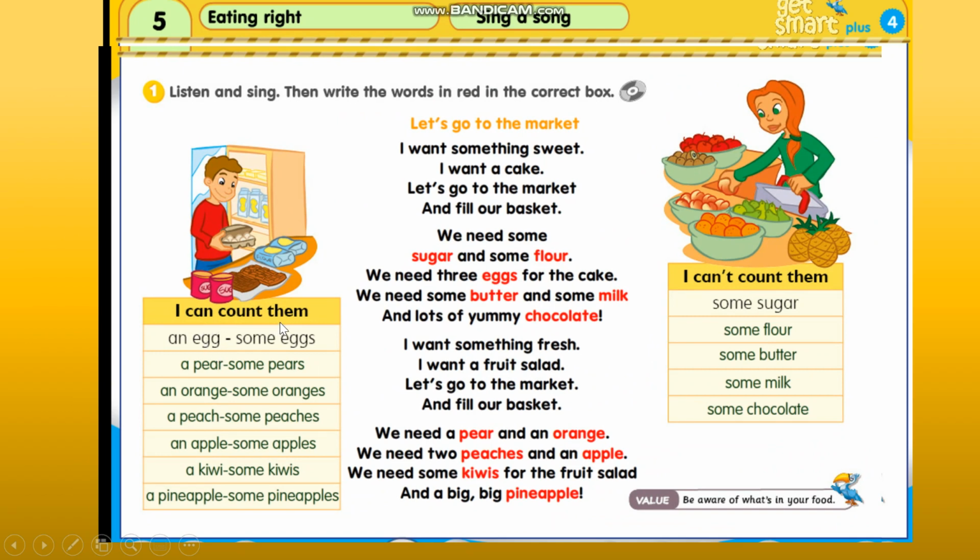So I can count them, which is considered as countable food, include egg, pear, orange, peach, apple, kiwi, and pineapple. And for uncountable food that you can't count them, it is sugar, flour, butter, milk, and chocolate.